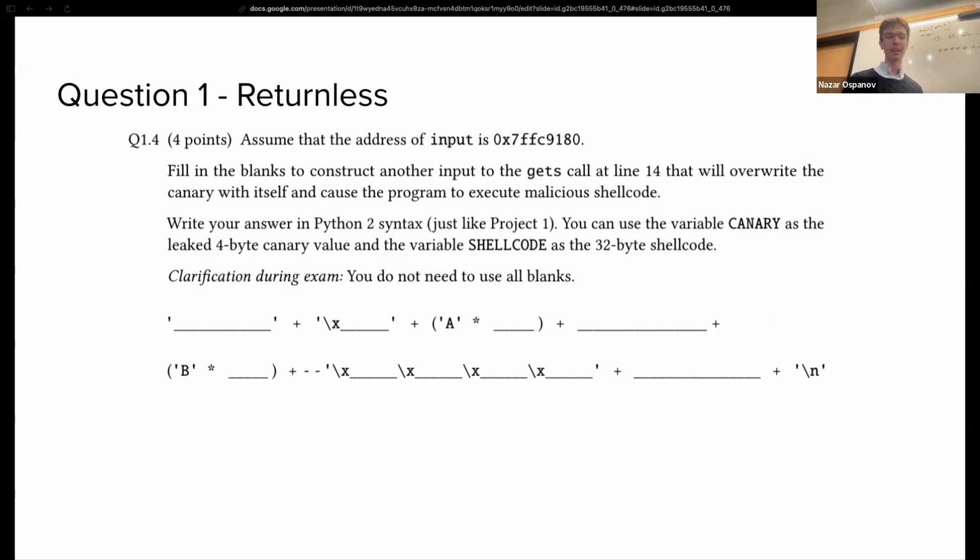Write your answer in Python syntax, like we did previously in project 1. You can also use the variable canary as the leaked 4-byte canary value that we determined from the previous part, and the variable shellcode as the 32-byte shellcode. This is a bigger question, so I'll give you 3 minutes to think about it.